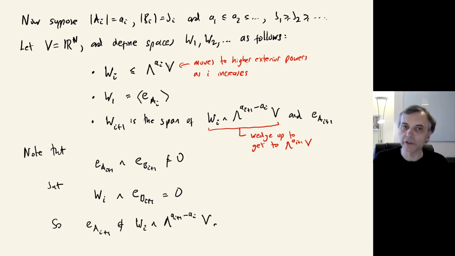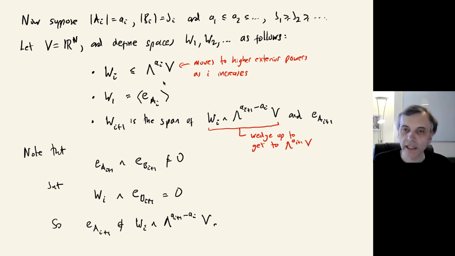Okay, so at the i-th stage, I'm going to want a subspace of the a_i-th exterior power of our underlying space. Okay, so how am I going to do that? So I'm going to start out with W_1. Okay, that's nice and straightforward. I'll just take the corresponding vector e_{A_1}, just a wedge of elements in A_1. And that gives me something in the a_1-th exterior power.